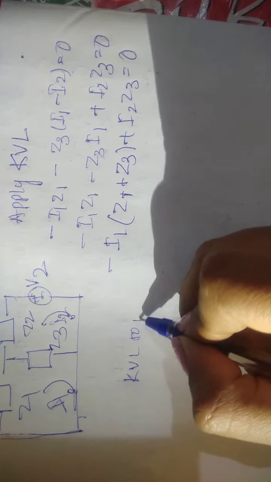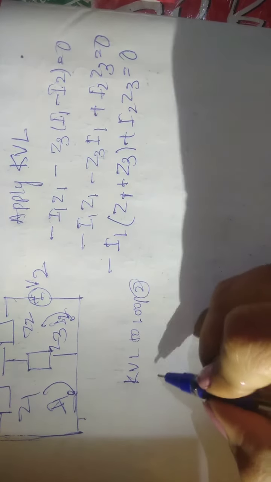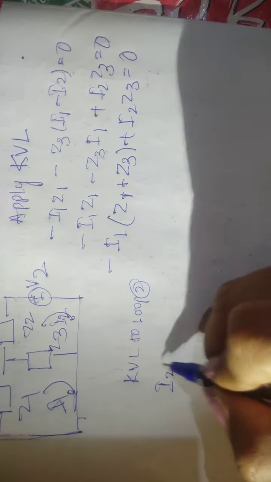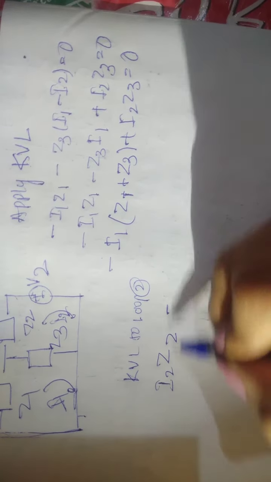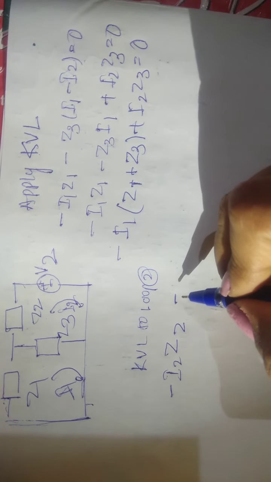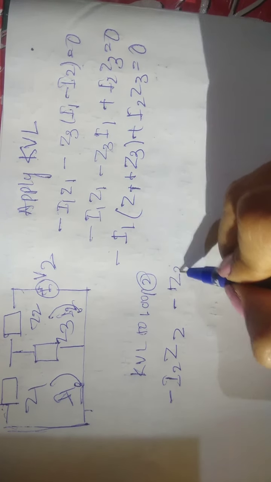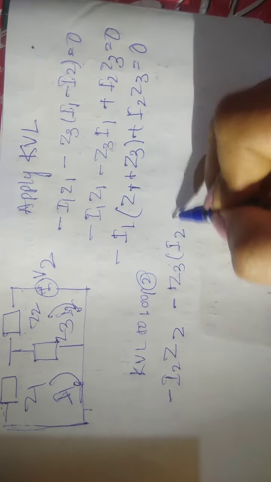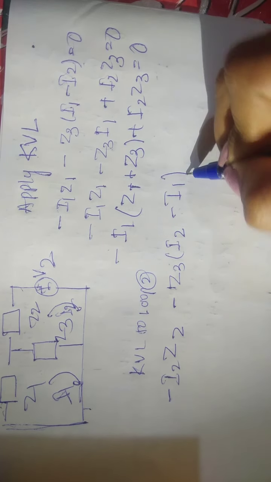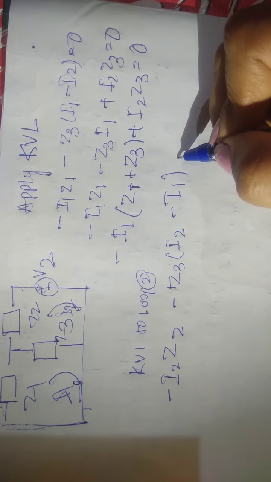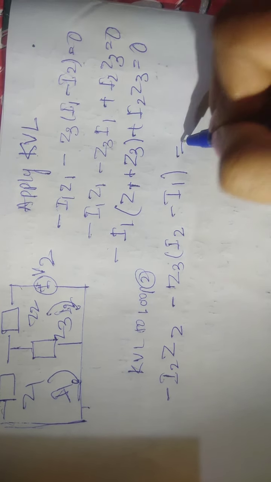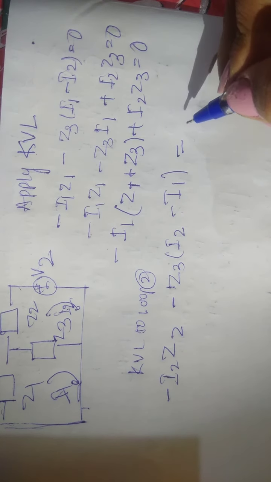KVL to loop 2: I2 Z2 minus Z3 (I2 minus I1) equals V2 minus V2.